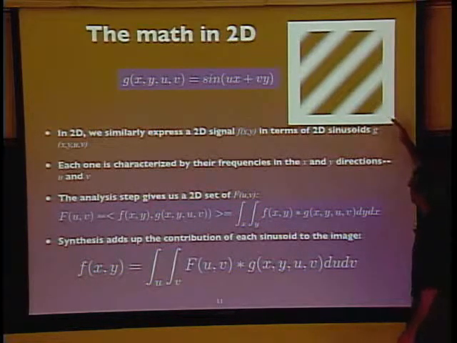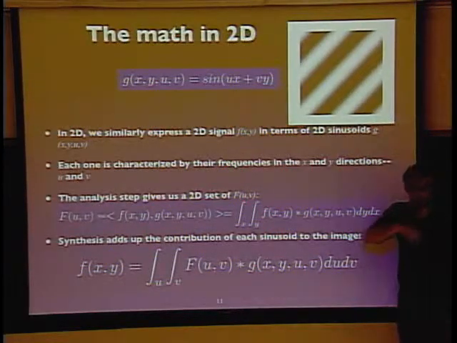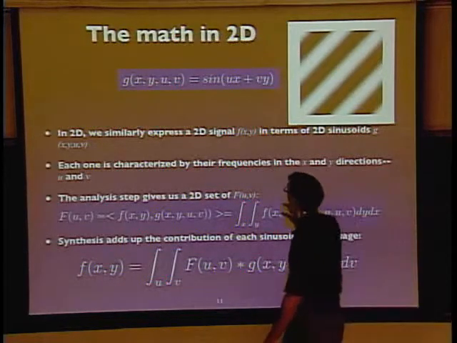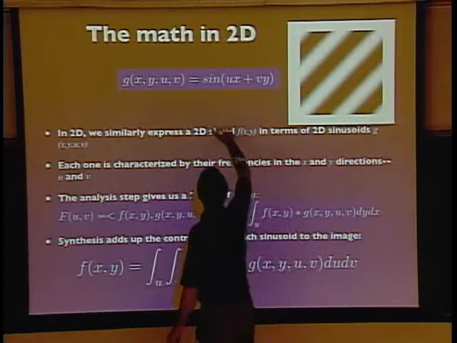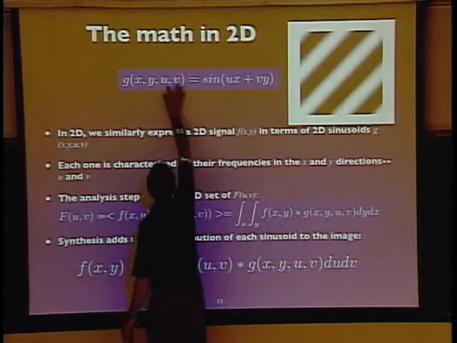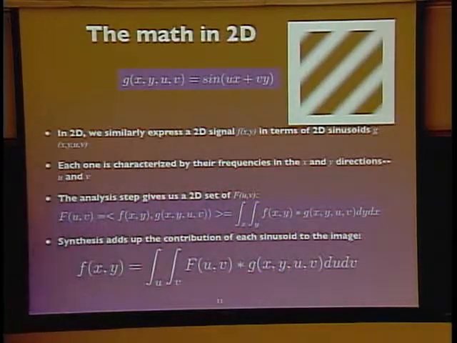If you imagine I take a line that cuts through the image like that, then you will see a one-dimensional sine curve out of it. And so basically, the way to represent this mathematically is that you have a two-dimensional domain of x and y and two parameters u and v that give you basically what the orientation of that fluctuation is, whether it's oriented with the x-axis, 45-degree angle, oriented with the y-axis.